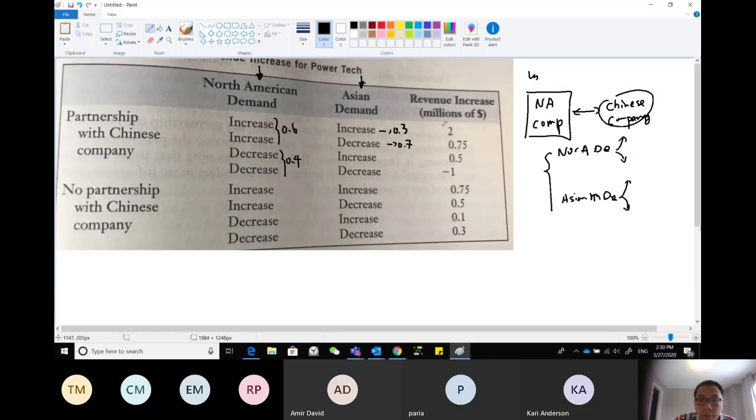And for each case, we have the expected revenue generated, right here.